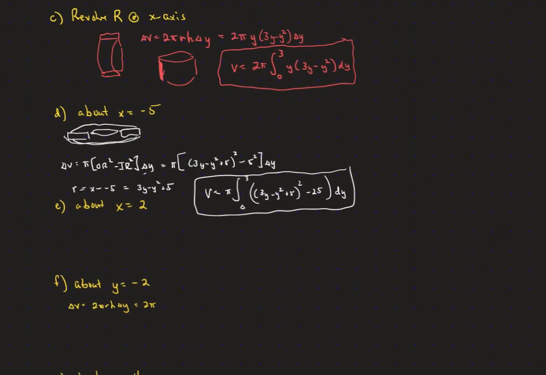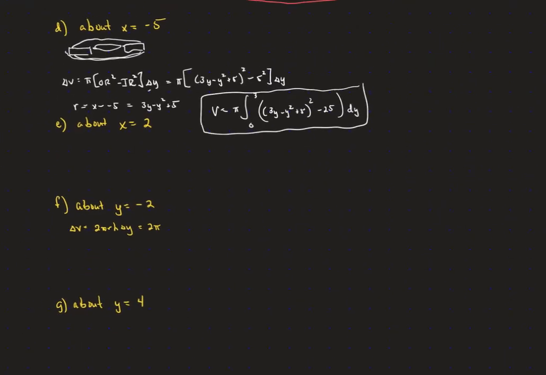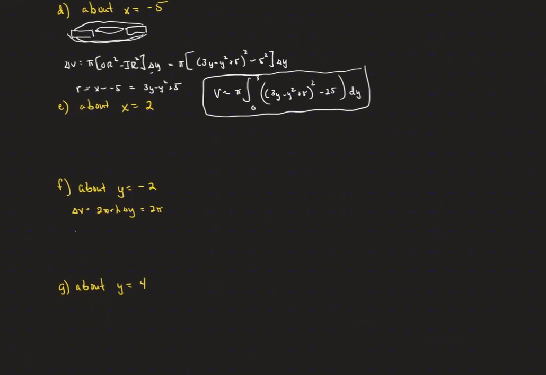So our radius is going to be y minus negative 2. That is, it's going to be y plus 2. Whoops, I got it in the wrong place there. Let me move that. So our r, if I can get it to scroll, is going to be y minus negative 2, which is y plus 2.